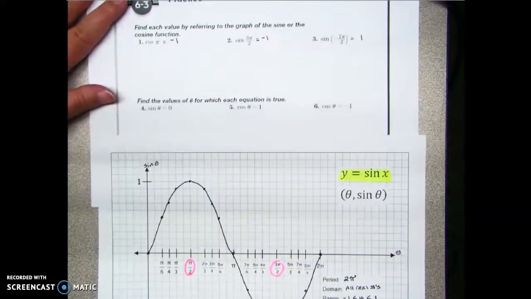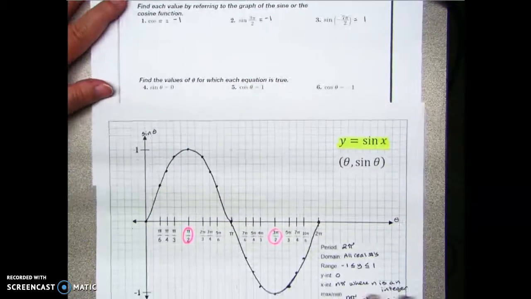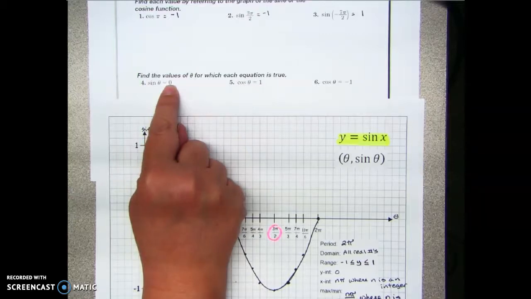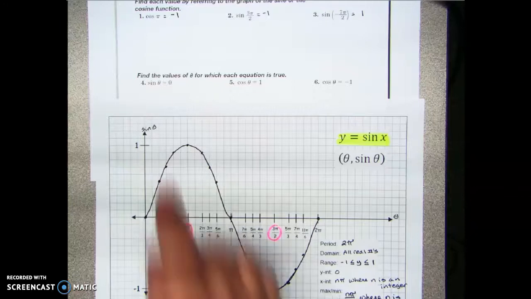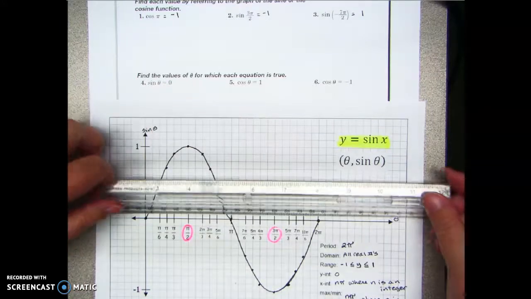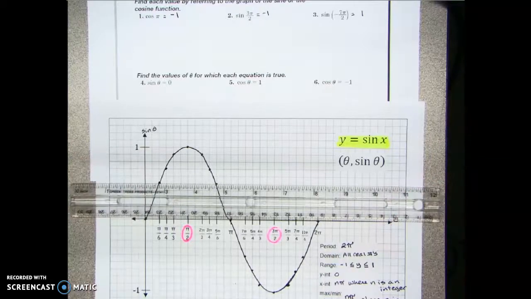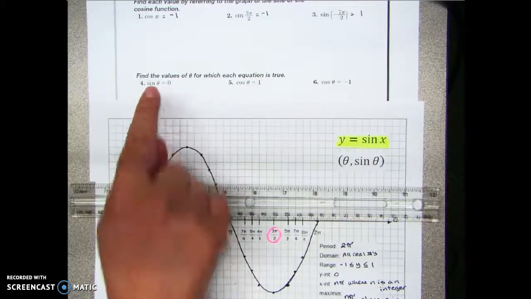All right, so then when we look at the next set of questions, this is asking the reverse. This is saying if I know what my sine value is, meaning I know what my y value is, what is my theta value going to be? So my y value is equal to 0. I'm going to put a little horizontal line here at y is equal to 0. And it's saying what values of theta create that.